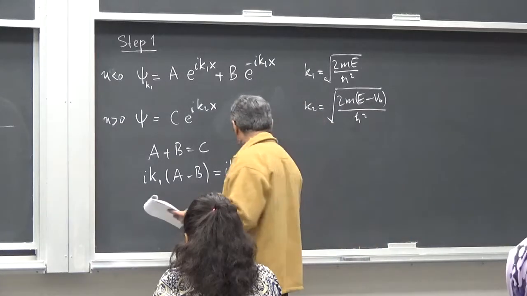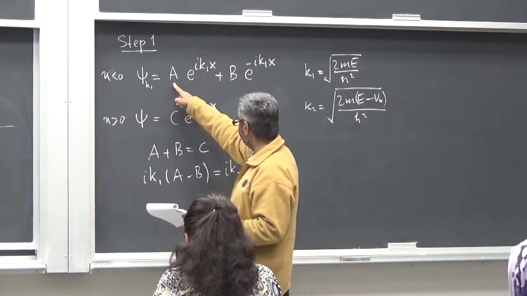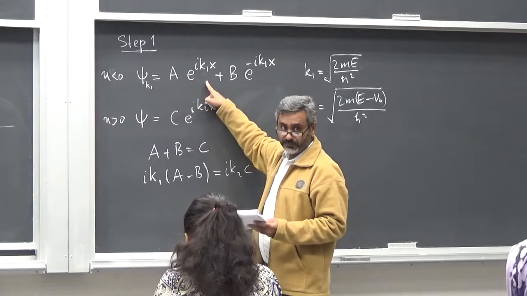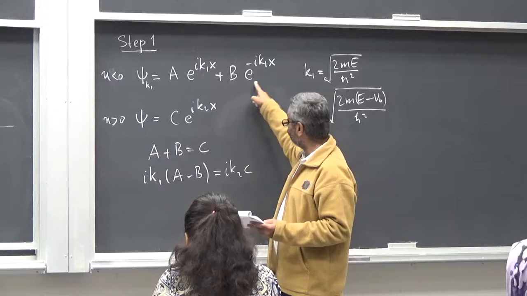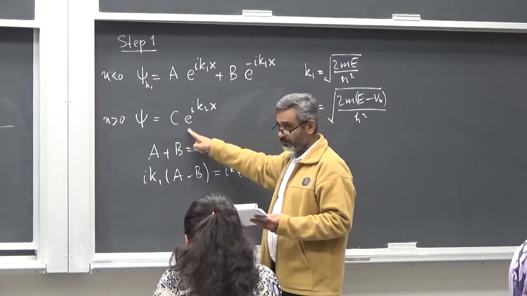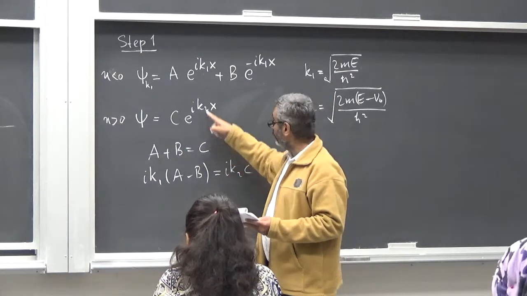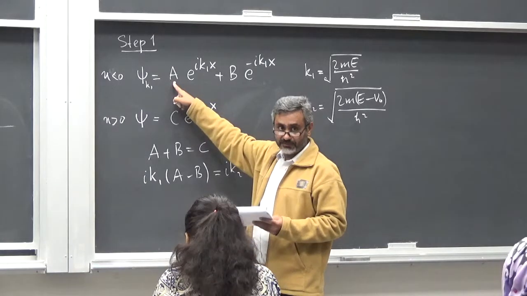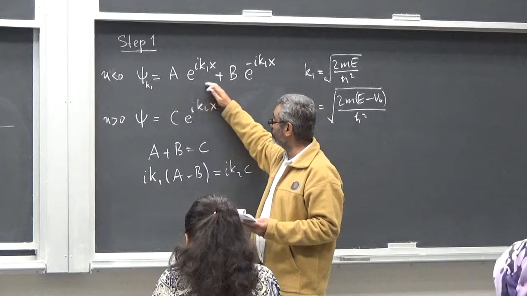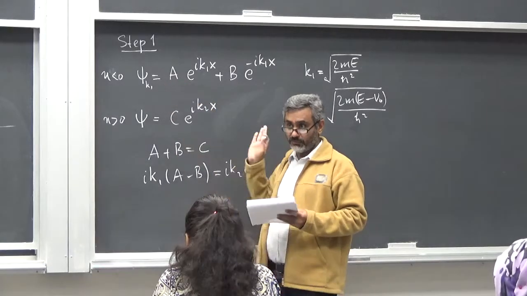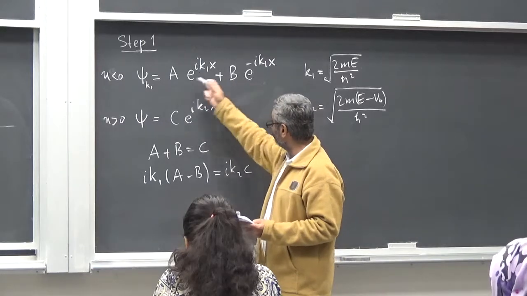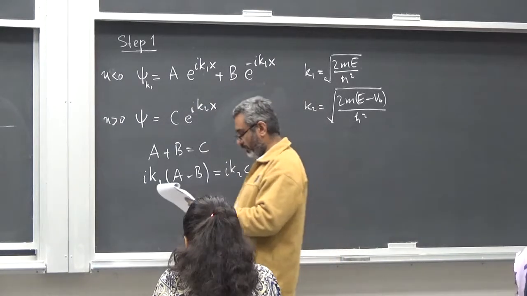In fact, you can see that this is the incoming wave. This is the reflected wave. And this is the transmitted wave. So basically you want to write both of these in terms of that. This is the thing that you prepare and it's coming towards the target. If you can just give me B over A and C over A, then you're fine.